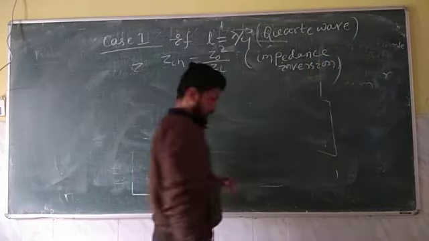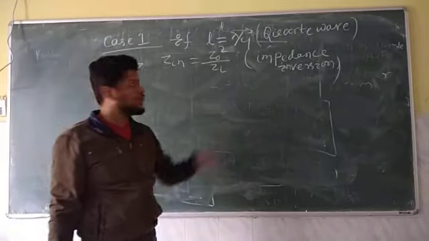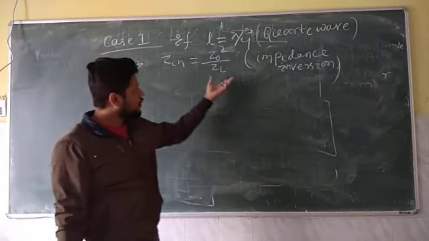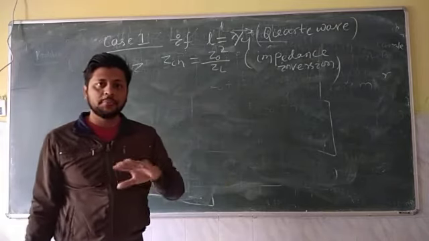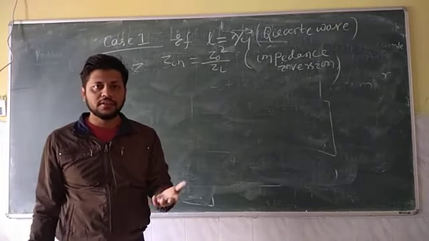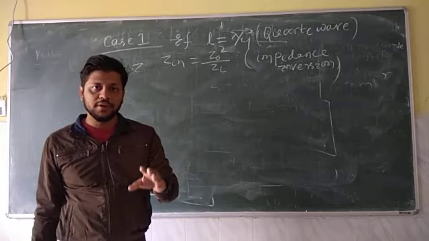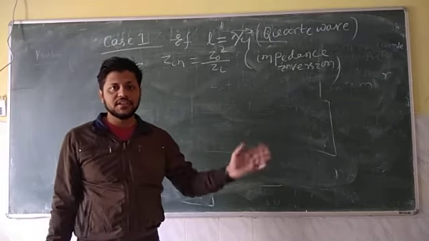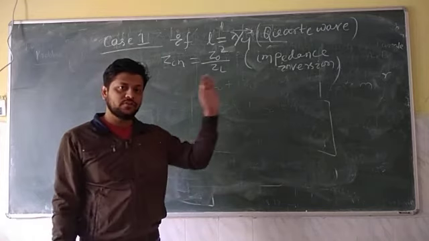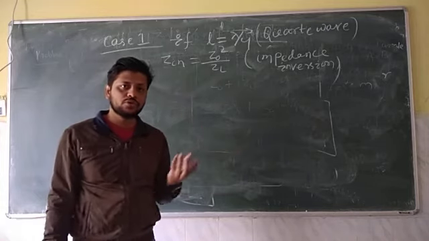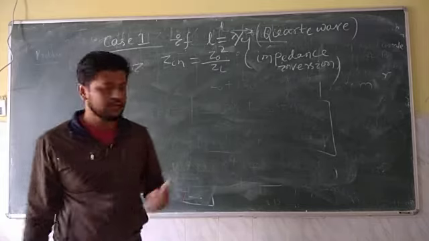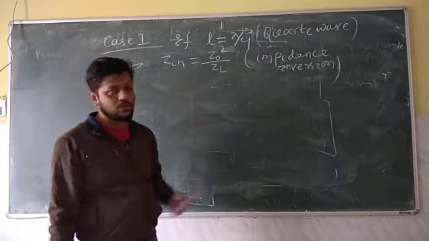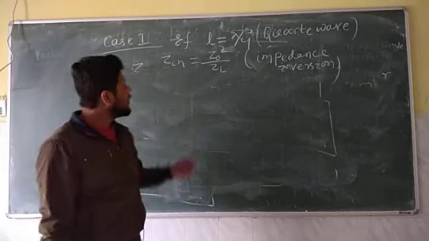Impedance inversion. So if somebody asks you what is the significance of this quarter wave transmission line, in case of a quarter wave transmission line, impedance inversion takes place. That is, if the load impedance is a short circuit, at the input the source sees it as an open circuit. If the load impedance is an open circuit, the source sees it as a short circuit. That's why this is also known as a quarter wave transformer.